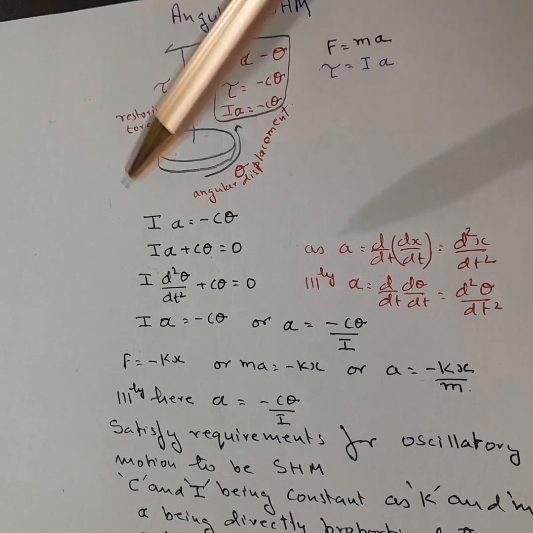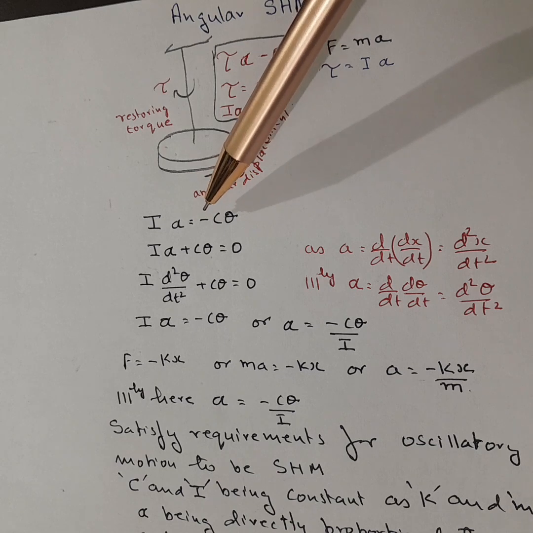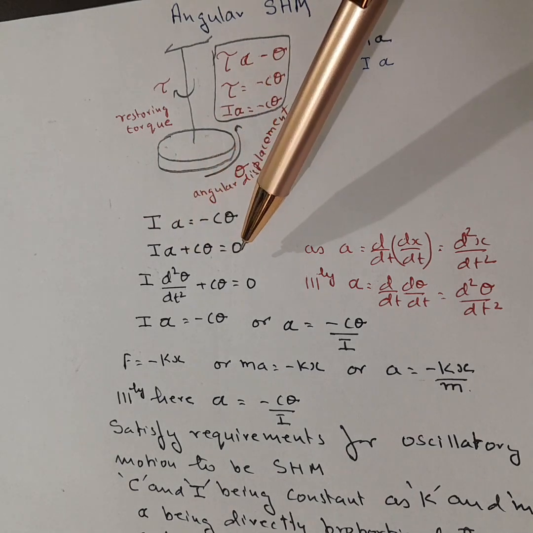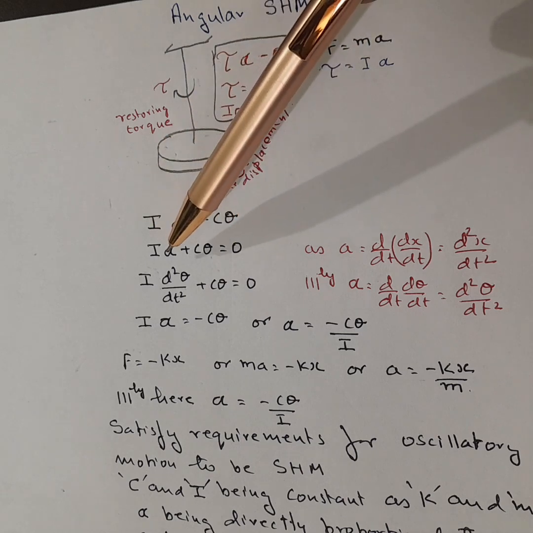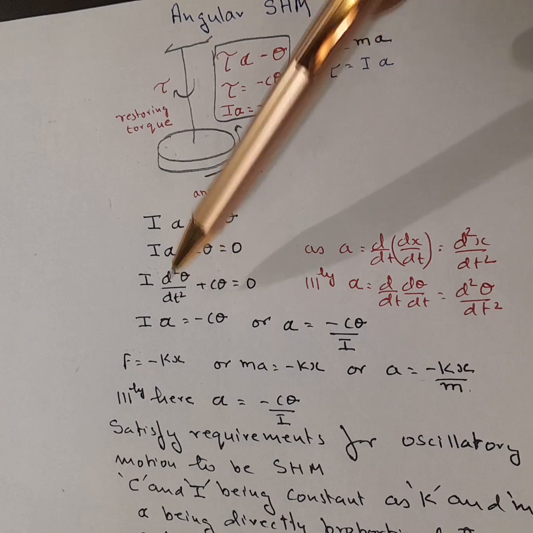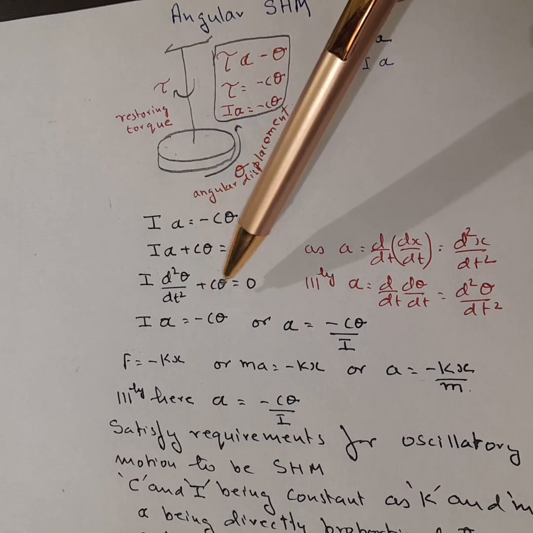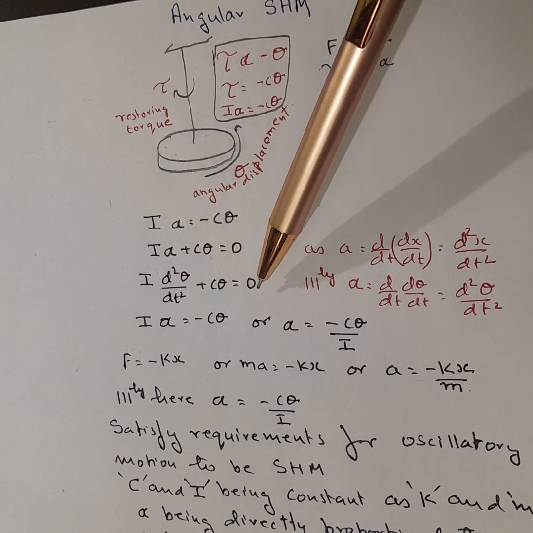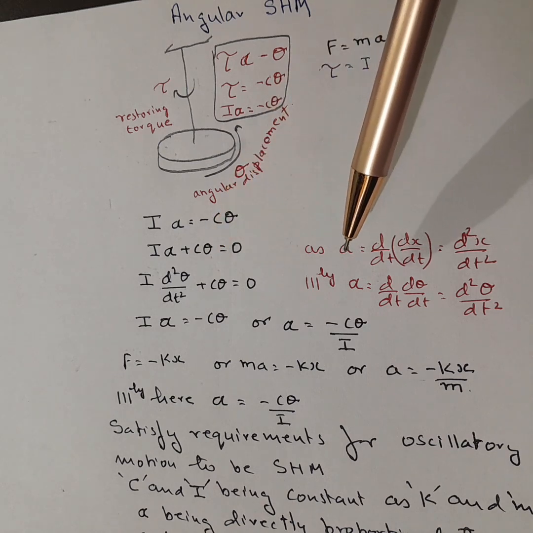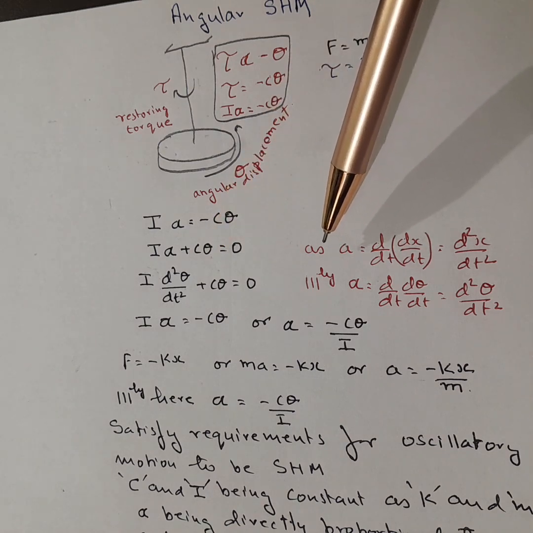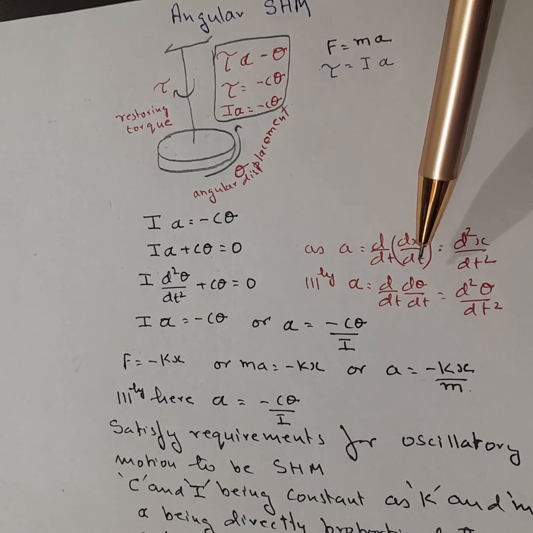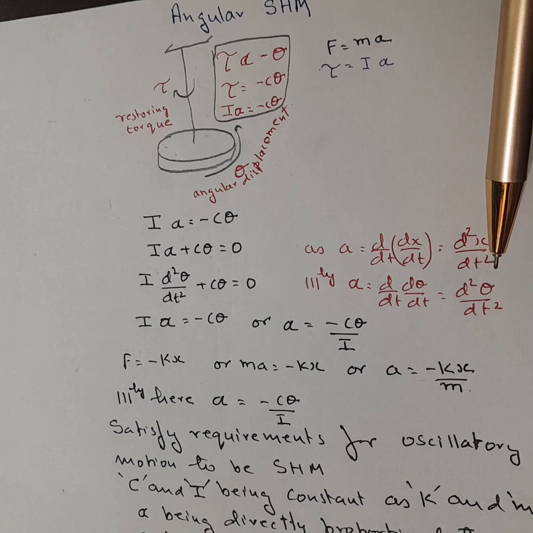All right. So coming back over here, we got this. Now I take it that side, so it becomes I alpha plus c theta is equal to 0. Now alpha, we know, is d2 theta by dt square, so I d2 theta by dt square plus c theta is equal to 0. As I've just shown here, in case you have forgotten, which I derived in my earlier videos, d by dt of dx by dt is equal to d2x by dt square.